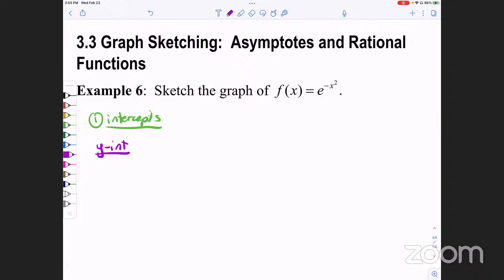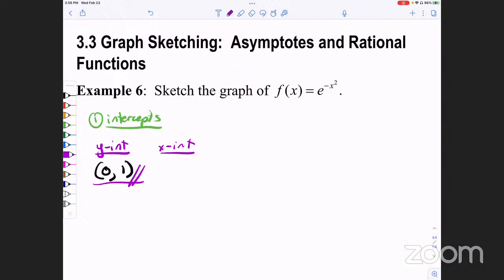So the y-intercept, we said X is 0, e to the power of 0 is gonna be 1. So when X is 0, the corresponding Y is 1. Okay. So we got a y-intercept. For the x-intercept, we set y equal to 0.